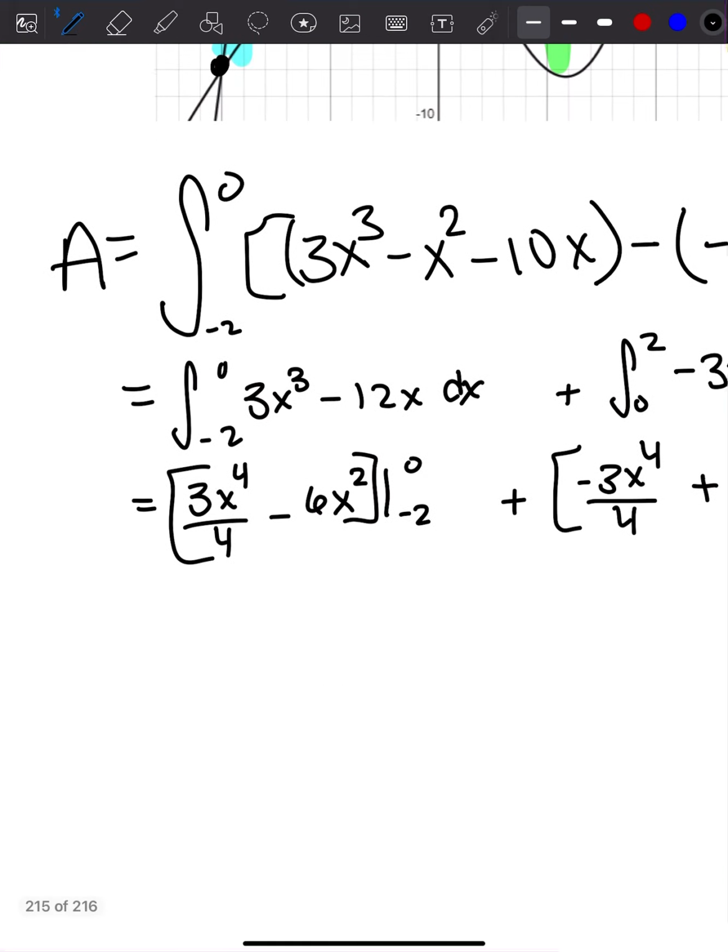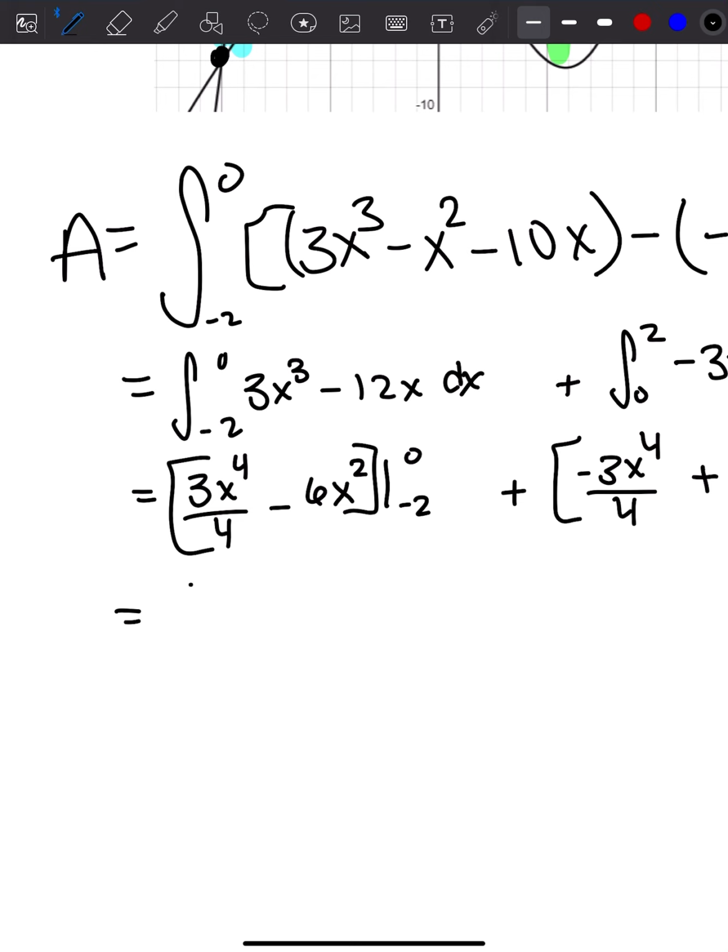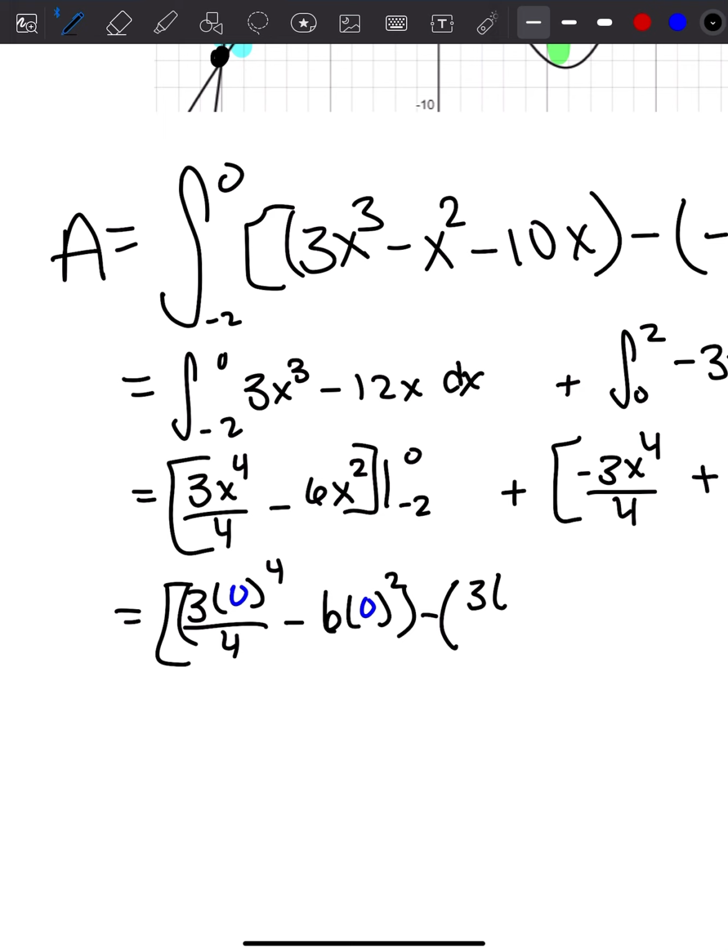Okay, so we plug in the top value and then the bottom one. So I have 3 to the 4th times 0 over 4 minus 6 times 0 squared. Thankfully, those two are going to go to 0, so we're done with that one. But we have 3 times negative 2 to the 4th power divided by 4.